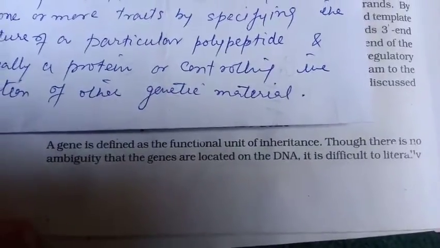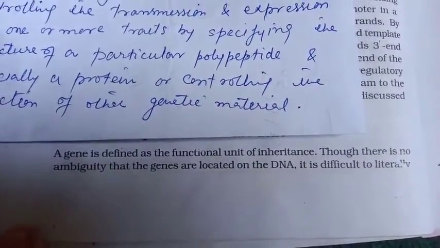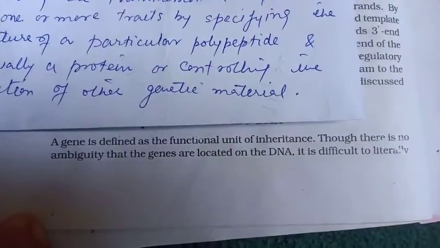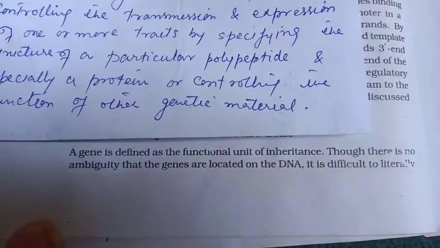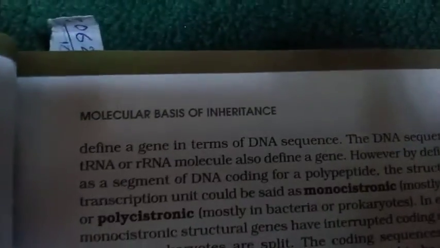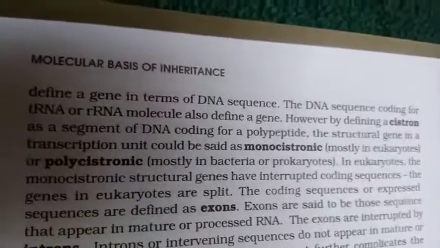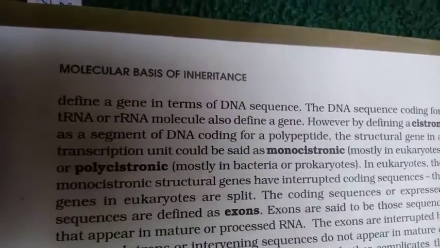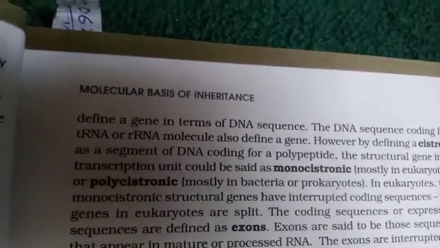Though there is no ambiguity that the genes are located on the DNA, it is difficult to literally define a gene in terms of DNA sequence, because a particular DNA sequence is not formed only of the functional units of the gene. There are many other sequences that we are going to take up.